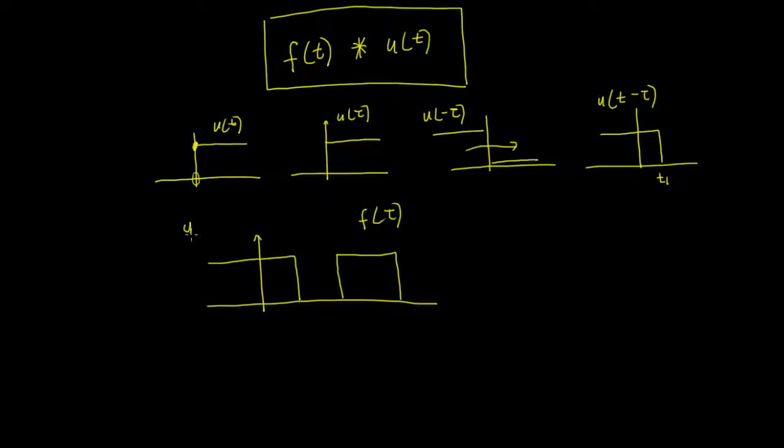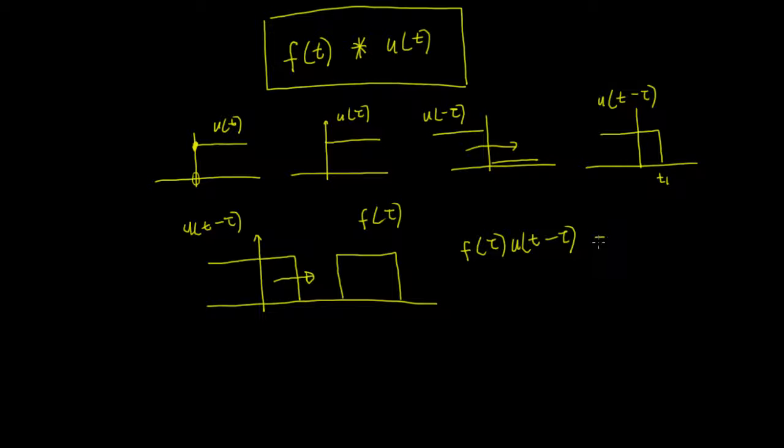Okay, so that's our u of t minus tau, and this comes in and it's moving in that direction. So now we will form the function f of tau times u of t minus tau, right? So that's the start of the convolution.